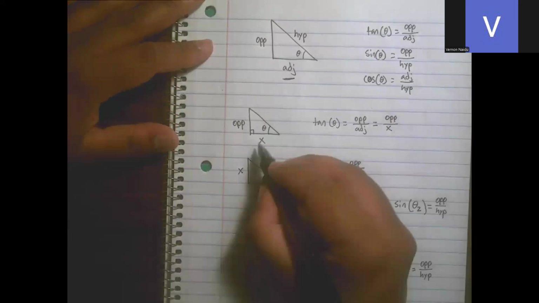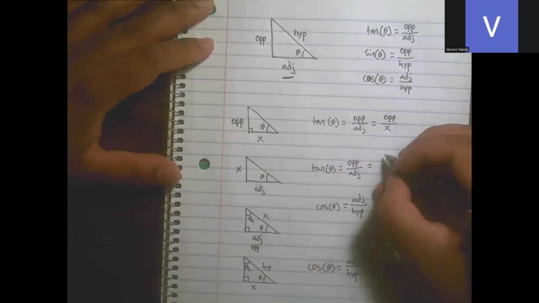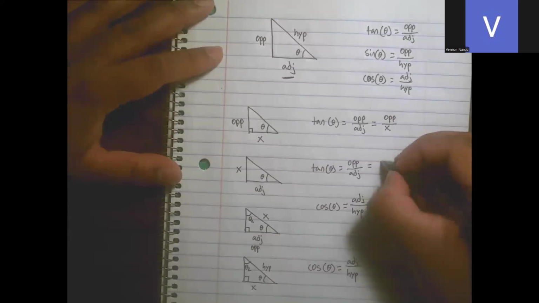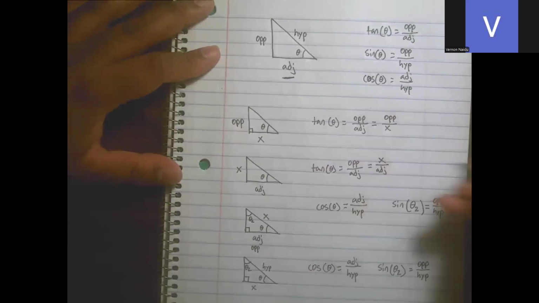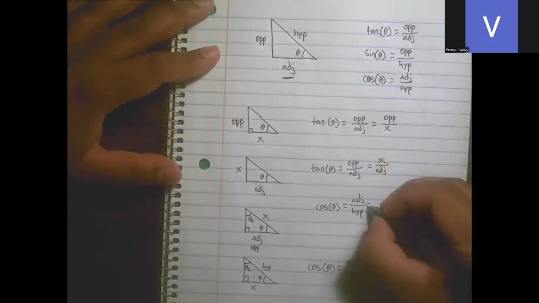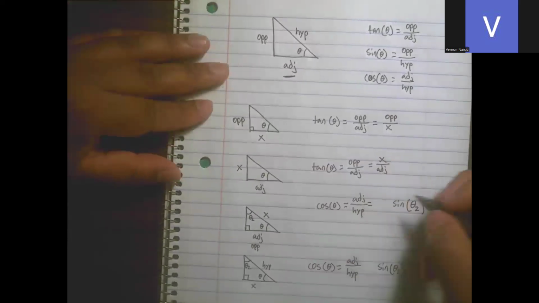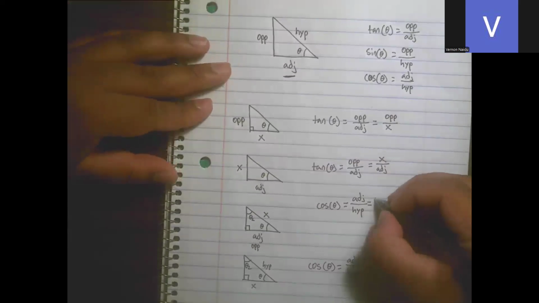Then, let me write these in terms that the reference angles have. So sine over x, this one over here, and this one, x over the adjacent side. This is the adjacent side over x.